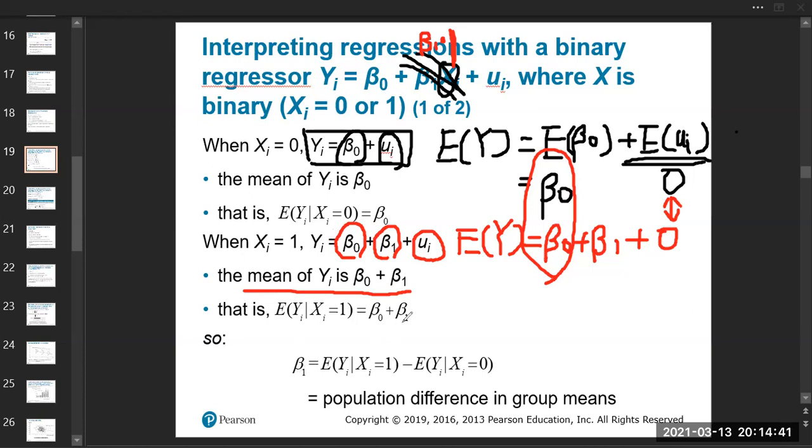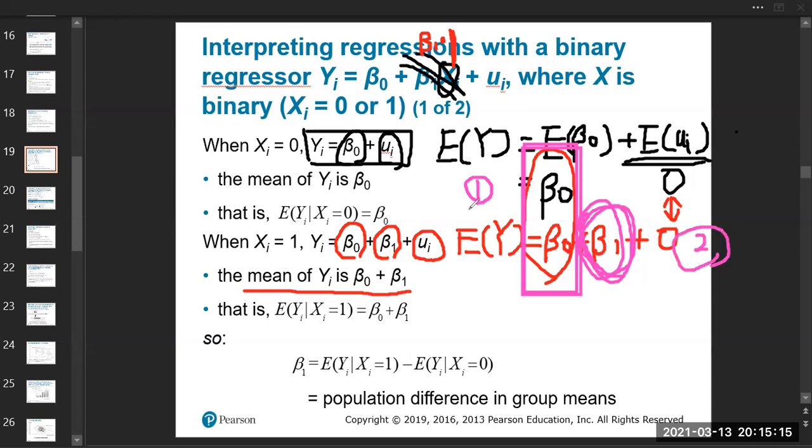So what is beta 1? Beta 1 is here, while beta 0 is the same. Beta 1 is the gap between this part and this part.